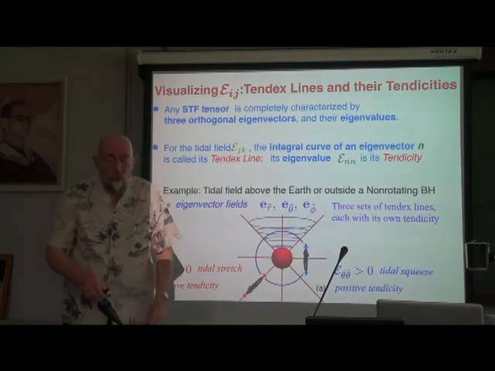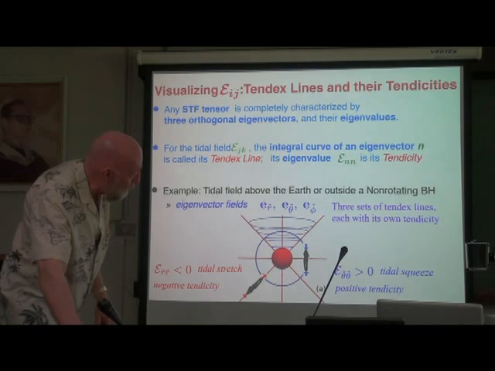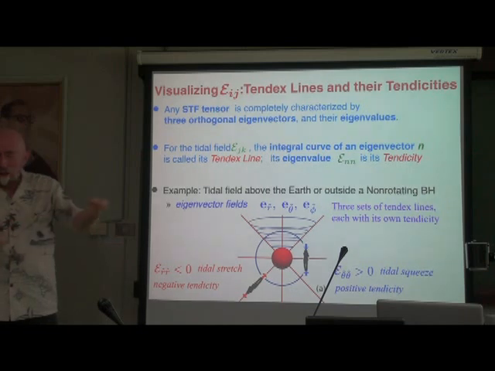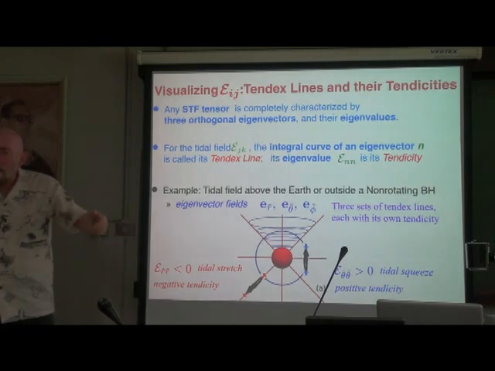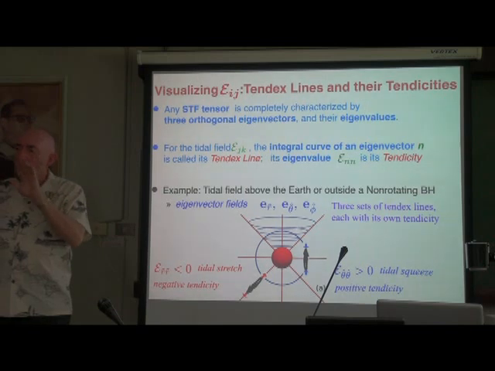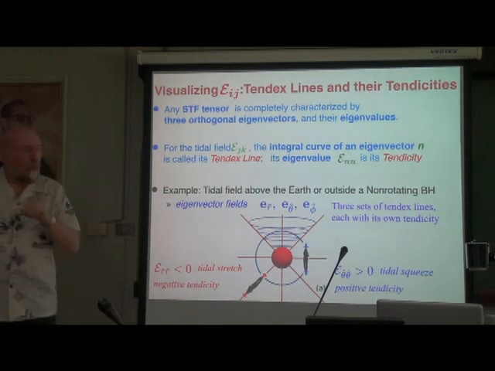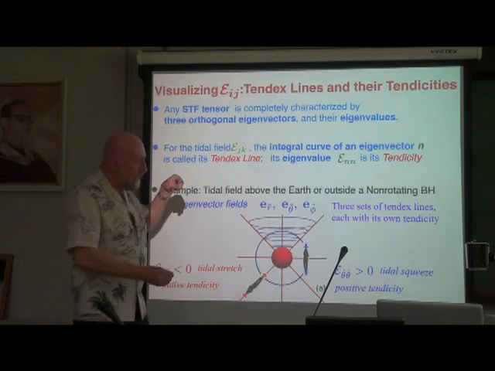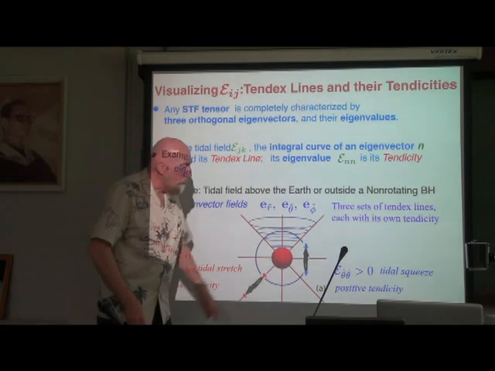So the tidal force, in the case of the Earth or the Moon or the Sun, is a stretching toward the gravitating body and a squeezing in tangential directions. And this is described by red tendex lines that stretch and blue ones that squeeze.